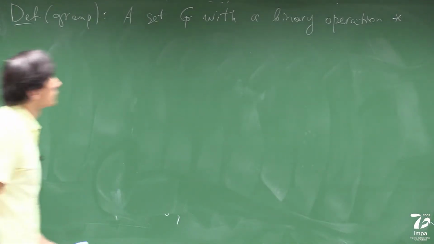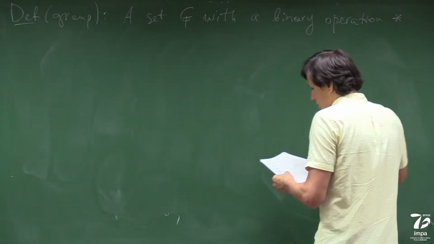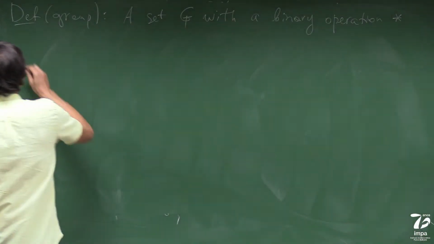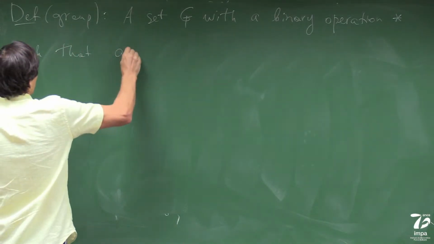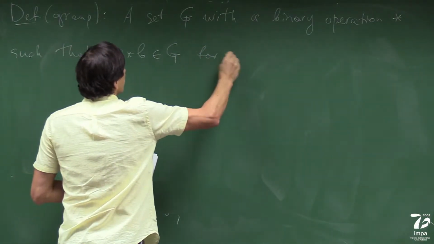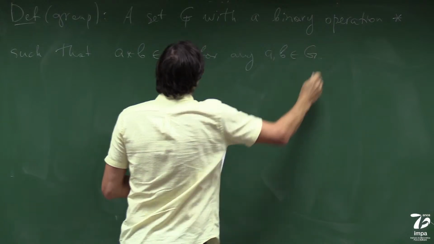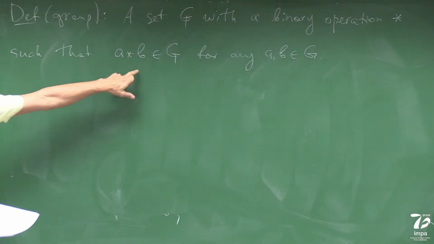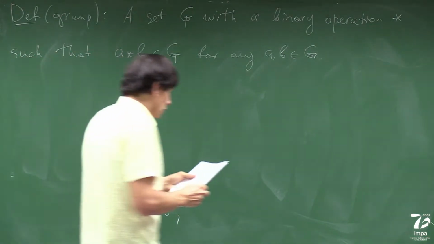You can think of multiplication, addition, and so on. So given two elements, it gives you a third element in a certain specific form.